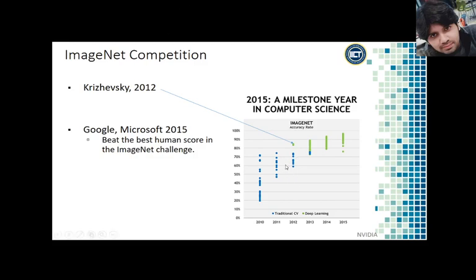Like if you can see here, in 2012 we achieved the same accuracy which was the best for traditional CV. We achieved it with deep learning at the start of that era, and in 2015 Google and Microsoft proposed GoogleNet, we beat the best human score in the ImageNet challenge, and you can see that we have achieved almost 100% accuracy on ImageNet.